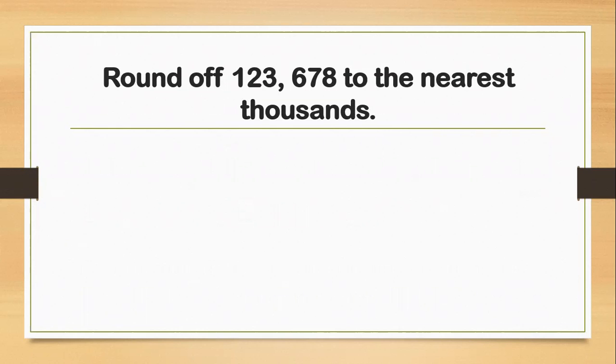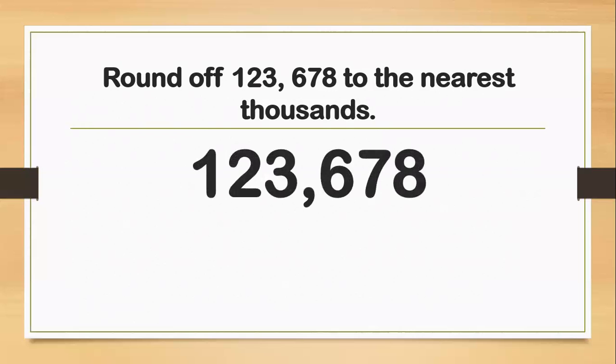Let us apply the rule. Round off 123,678 to the nearest thousand. Let us determine first the number in the thousands place. What do you think is the number in the thousands place? Yeah, you're right.